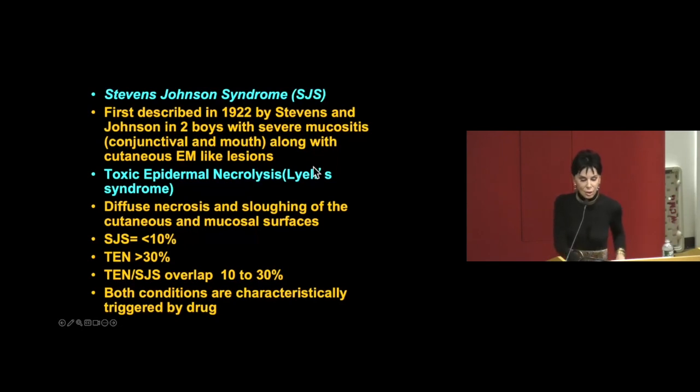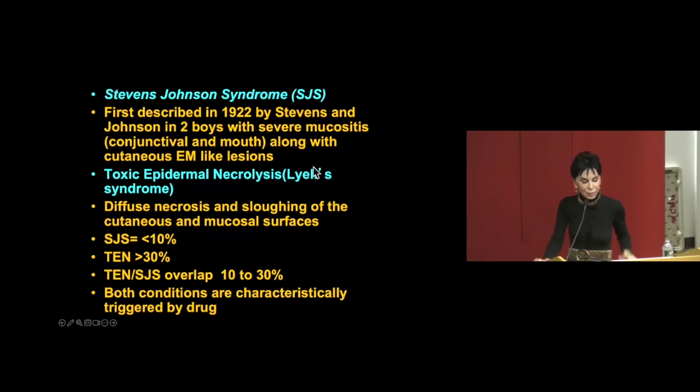And in Stevens-Johnson syndrome, the epithelial injury is striking and has a mucosal proclivity, so it involves the mucosal surfaces, conjunctiva and mouth, and they can develop concomitant erythema multiforme-like lesions. In toxic epidermal necrolysis, there is diffuse necrosis and sloughing of the skin. Mucosal involvement can also be seen, but it tends to be of lesser severity than what we see in SJS.